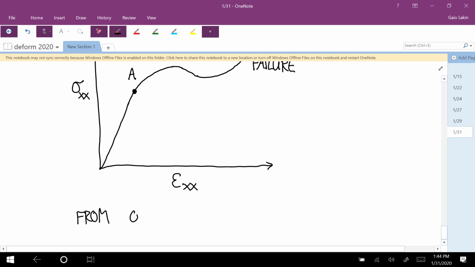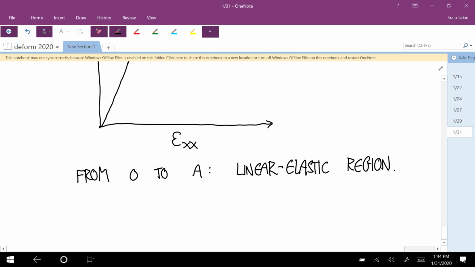From 0 to A is the linear elastic region of this graph. This is the region where you're going to measure Poisson's ratio and Young's modulus. So you're going to measure E and nu here. And this is also the only place that your compliance matrix is useful.